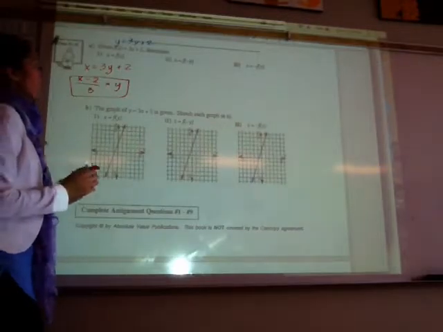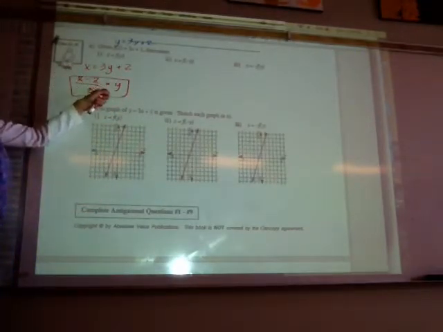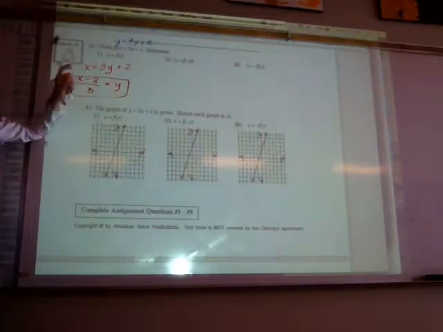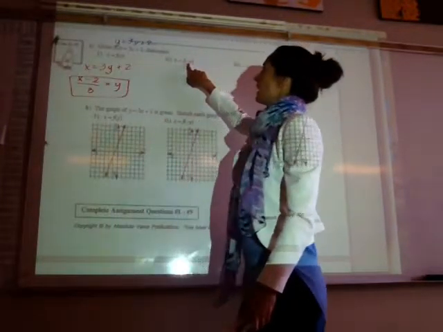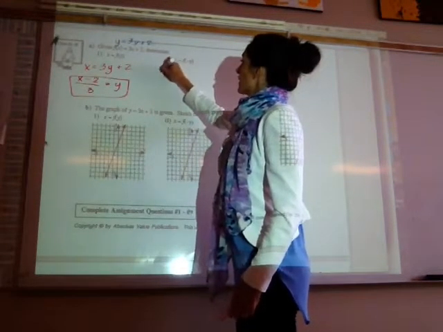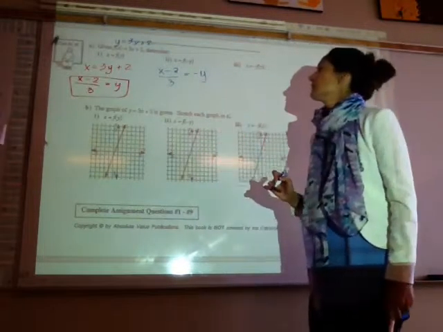Okay, so if we're looking for the equation of this, if we've already found the inverse, there's no sense doing it again. Okay, we already have it, so instead of y, what do we have? Negative y. This y becomes a negative y. So x minus 2 over 3 equals negative y.